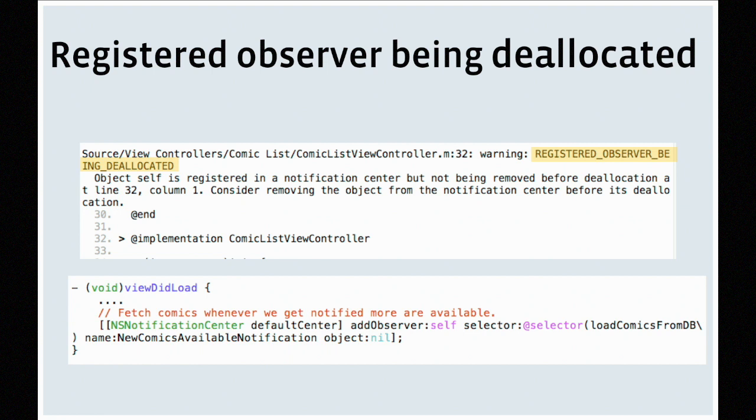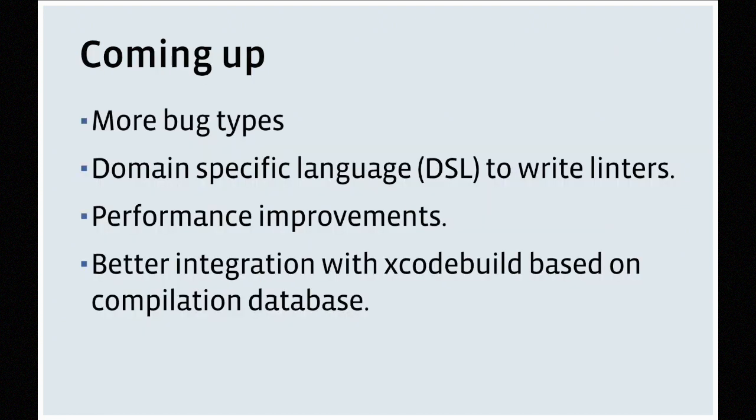So it was a class, comic list view controller, and so in viewDidLoad, they added the class as an observer to an NSNotificationCenter, and there was no method to remove it. So Infer finds that out and tells you that it's probably an error.